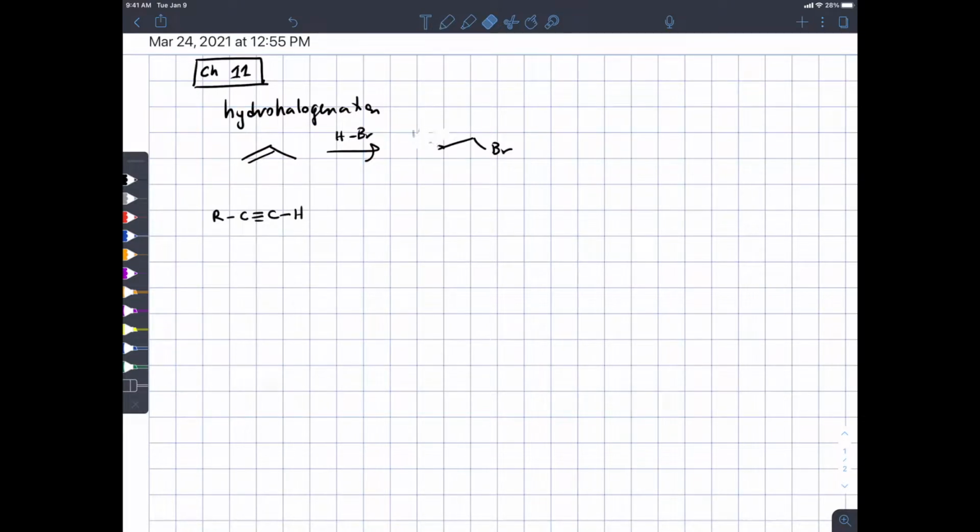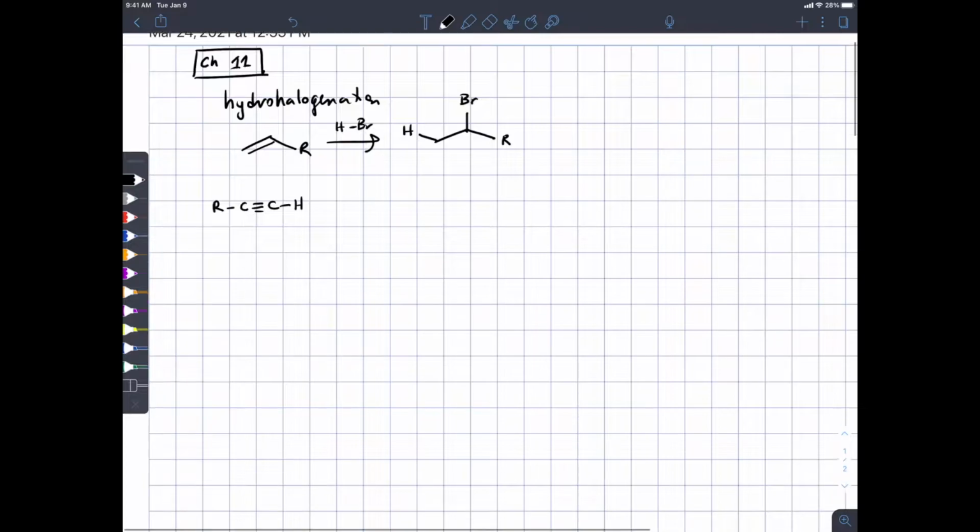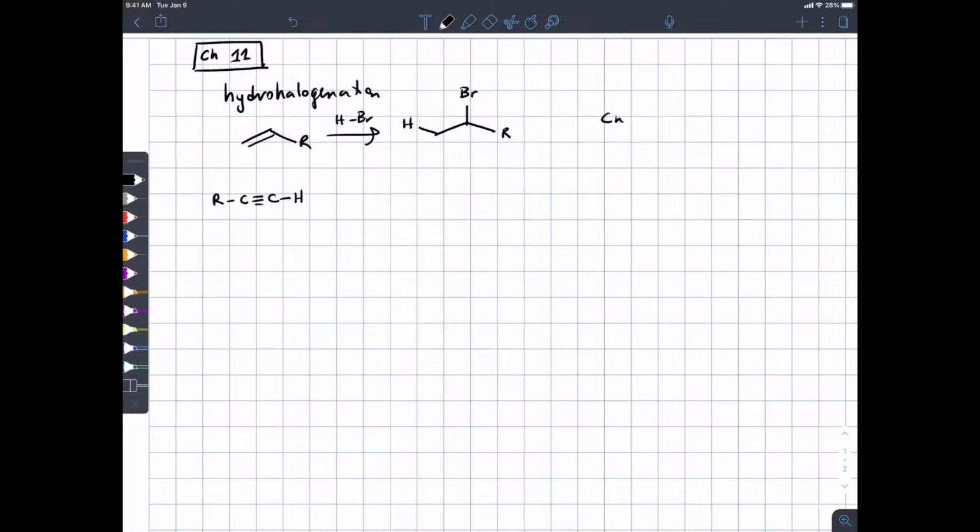I hope you'll forgive me, because this gives us a chance to deal with regioselectivity. The bromine ends up on the more substituted carbon because you have a carbocationic intermediate, and that's where the carbocation is more stable. That's Chapter 10, and that should hopefully be familiar to you.